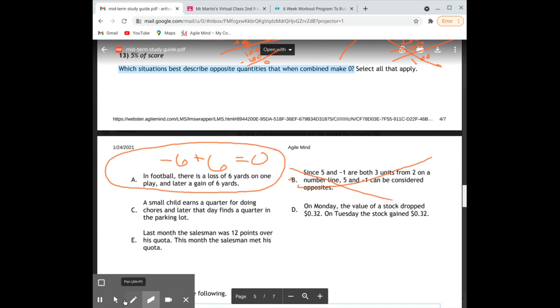All right, looking at the next one, part C. A small child earns a quarter for doing chores. Later that day, finds a quarter in the parking lot. So I disagree. All right, so they got a quarter in the morning, then they got a quarter in the evening. So how much money do they have?